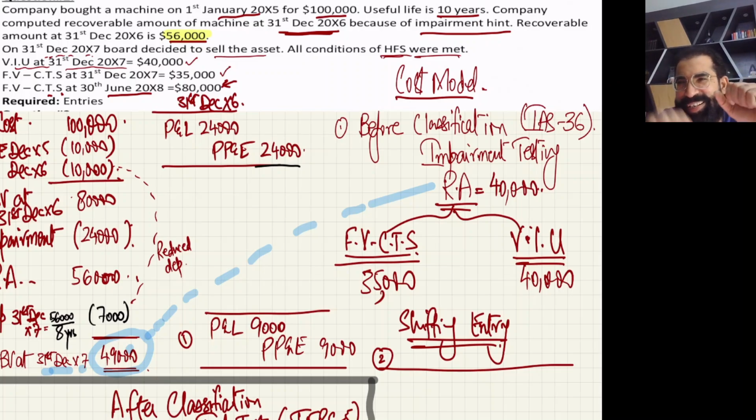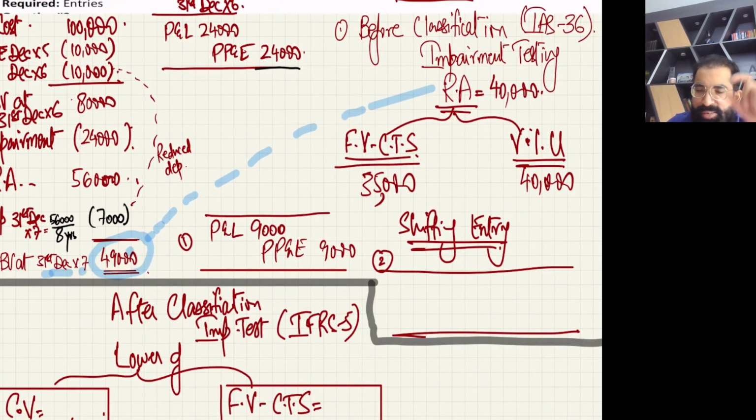We are ready for shifting. Now we'll make the shifting entry. We know from 49,000 less 9,000, now we are at 40,000. We brought down the asset to 40,000, so we'll make the shifting entry of 40,000.